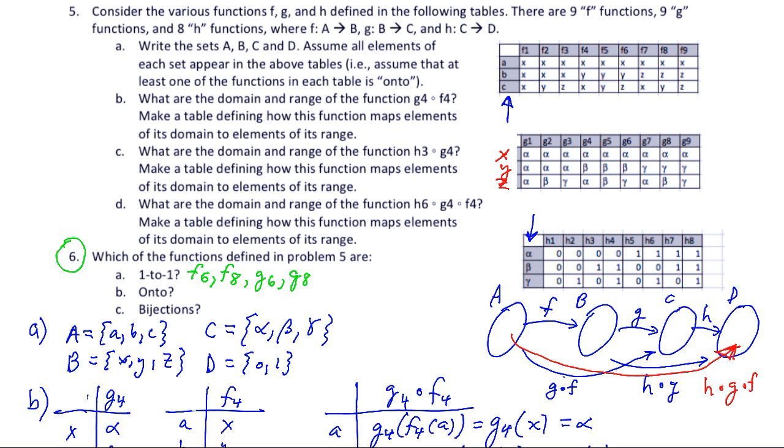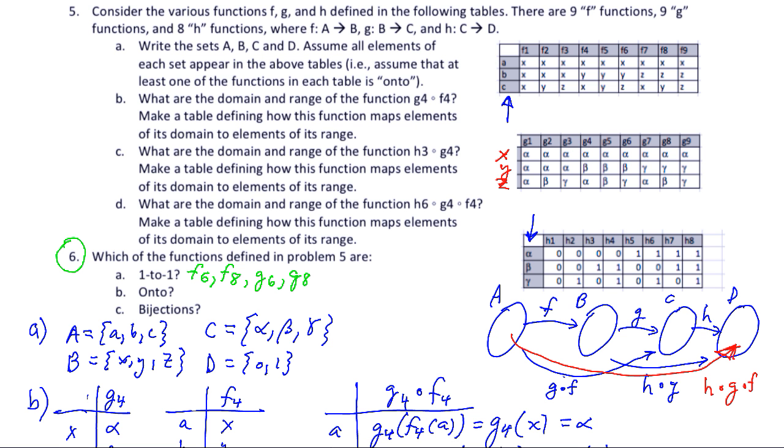And for onto, we're looking for all three elements, or all elements of the range. And it turns out that to get all three elements, they're all going to be different. It's the same F6 and F8, and G6 and G8.